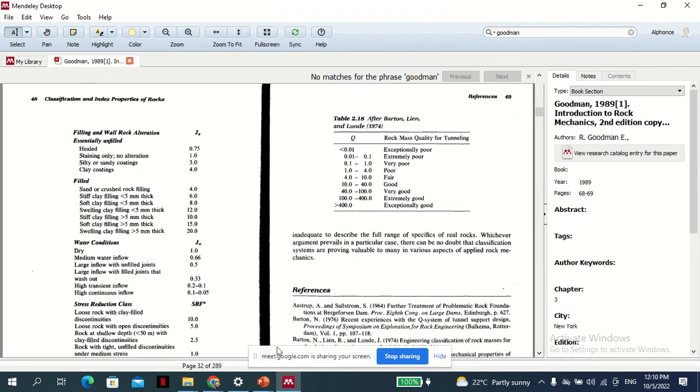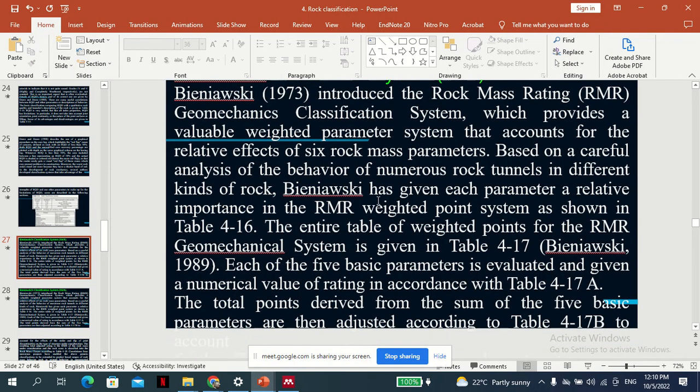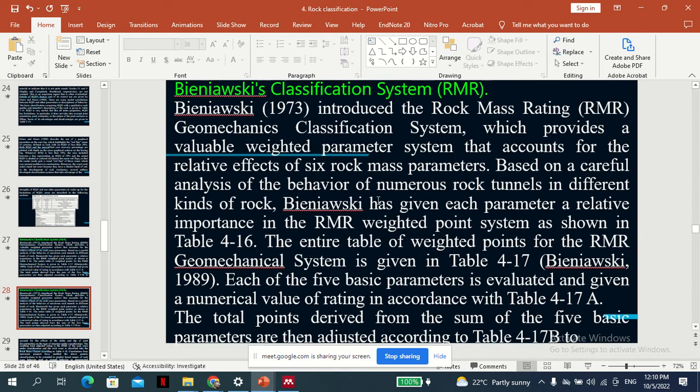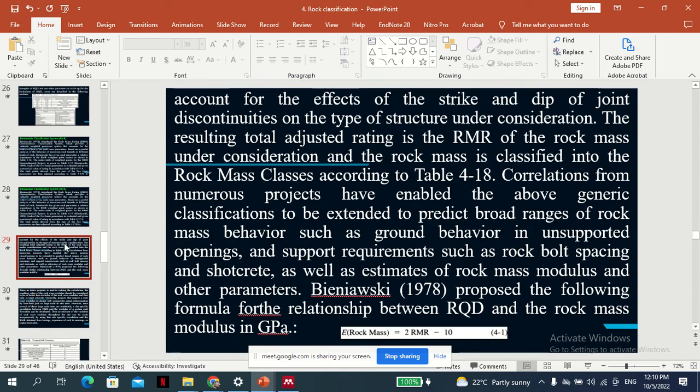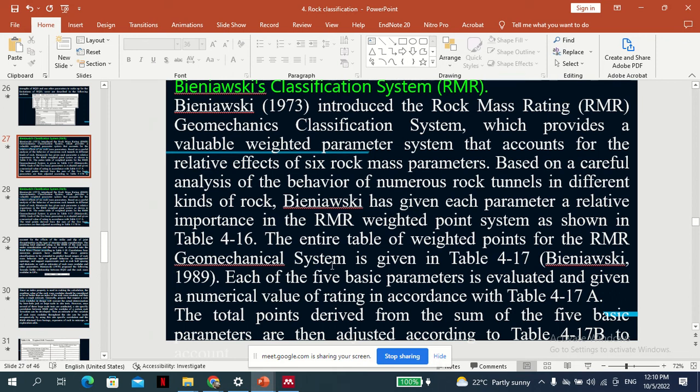So to the notes, this is the same idea, in fact. We say that Bieniawski has given relative importance to a weighted system as shown in Table 4.6.